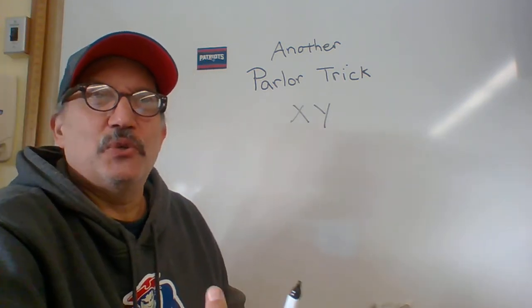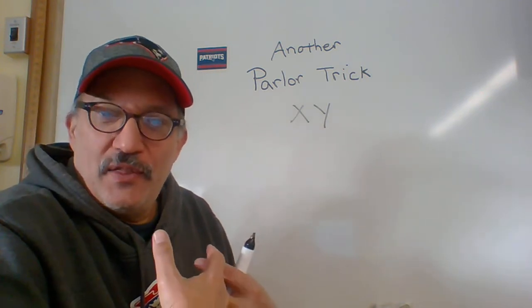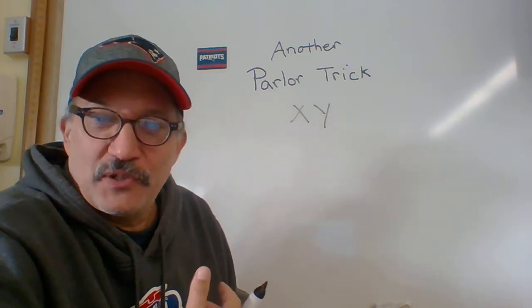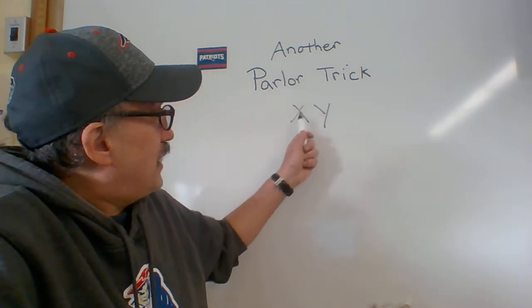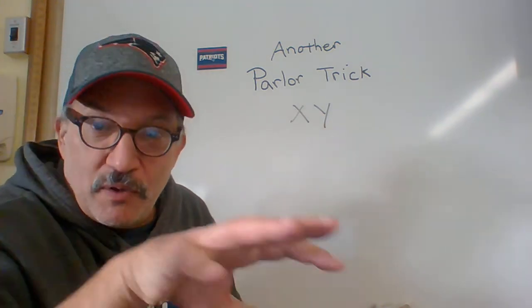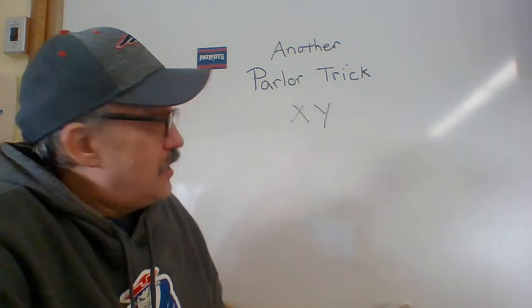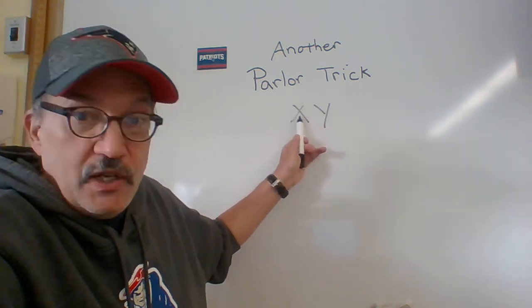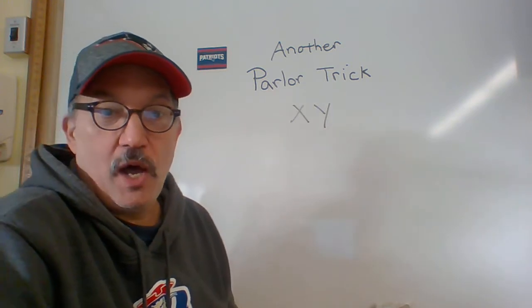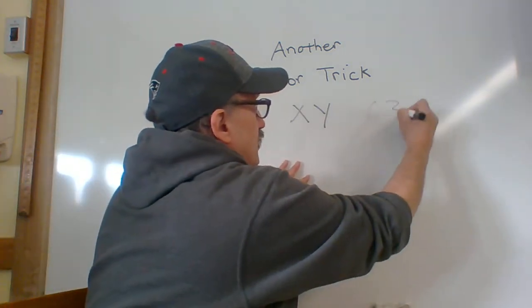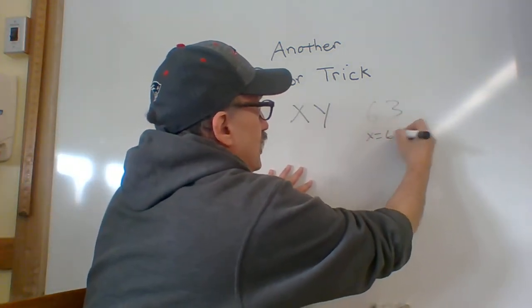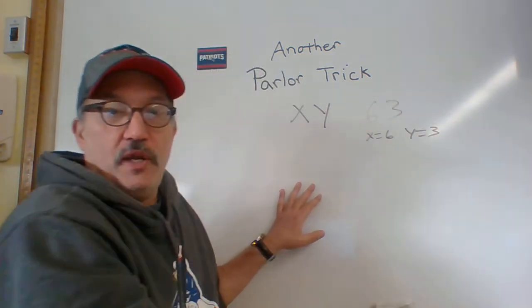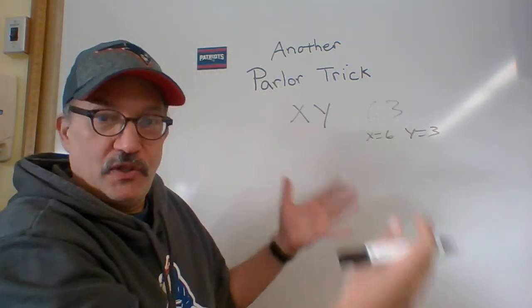I hate to tell you, ignore this thing I've been telling you over and over again, some of you for years, that when you put x next to y, it means x times y. But for this demonstration, this is a 2-digit number. The 10's digit is x and the 1's digit is y. So if we have the number 63, then x equals 6 and y equals 3. And it's not 18, it's just 63.